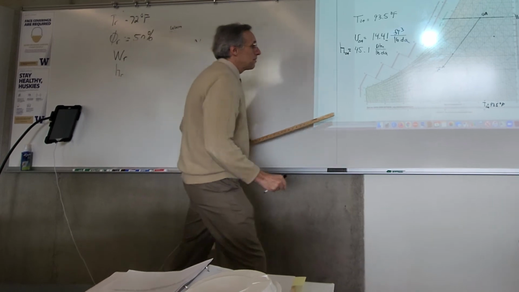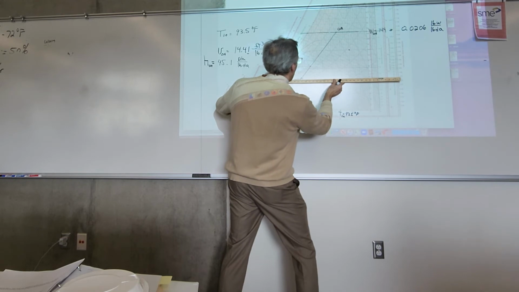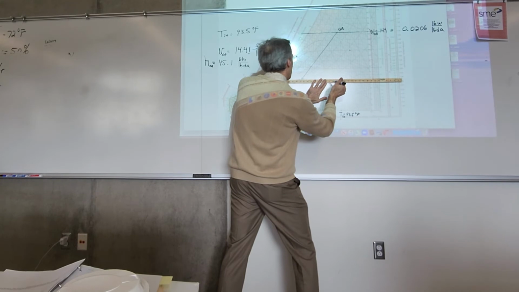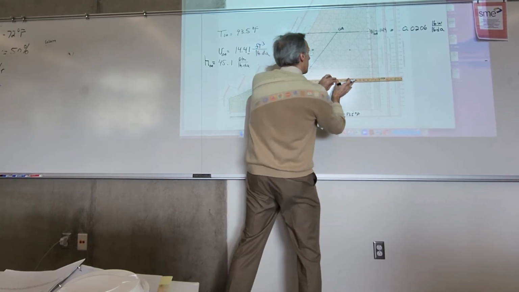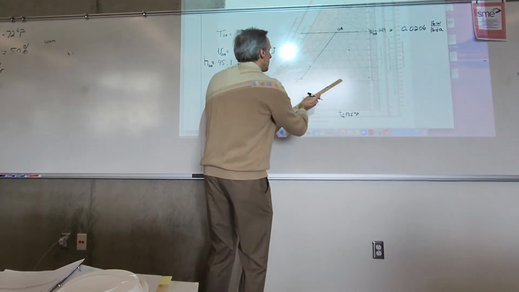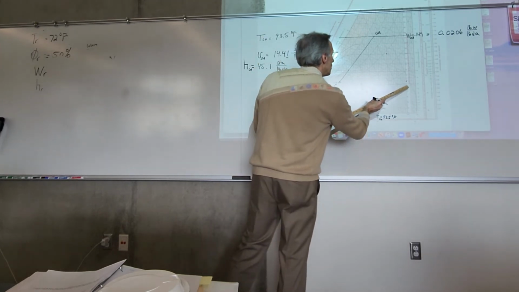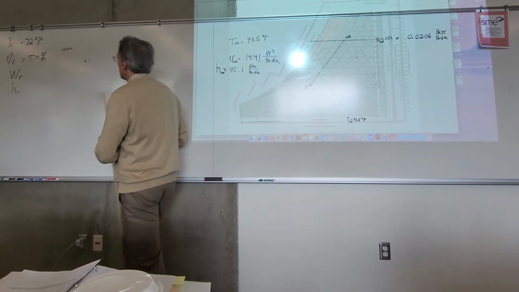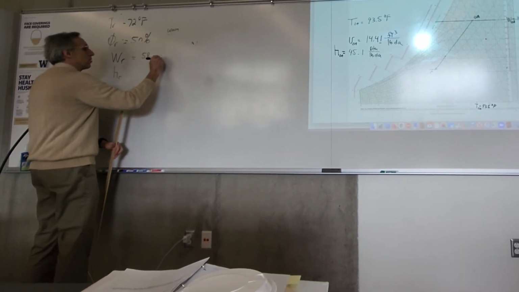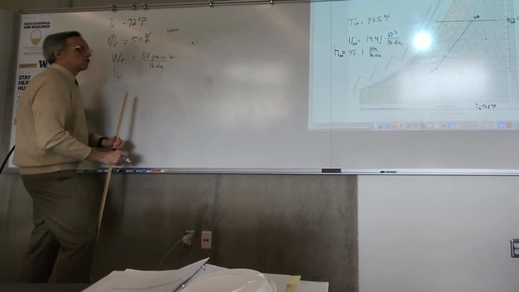The humidity ratio looks to be right there, 59, 52, 658 grains per pound of dry air.